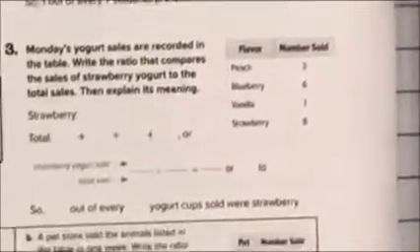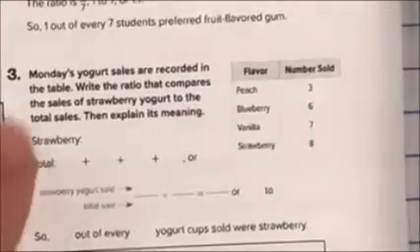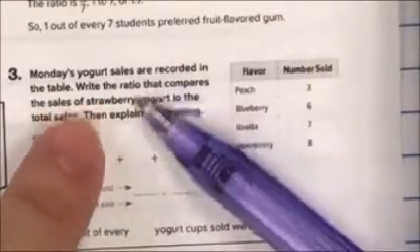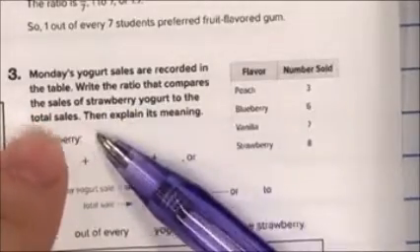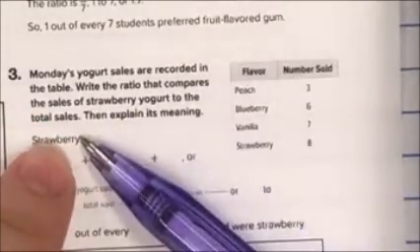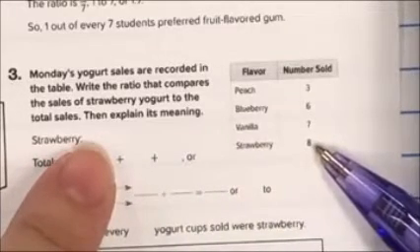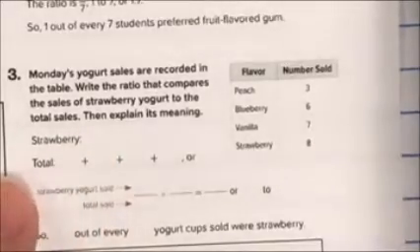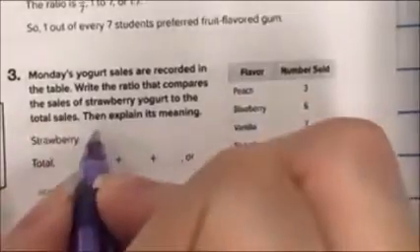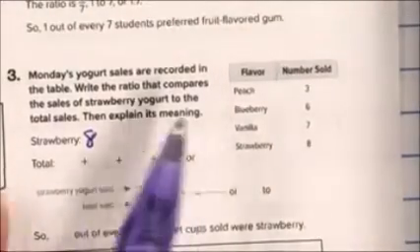All right, and then number 3 says Monday's yogurt sales are recorded in the table. Write the ratio that compares the sales of strawberry yogurt to the total sales. Then explain its meaning. So strawberry was 8, okay? The first thing I want to do is figure out my total.